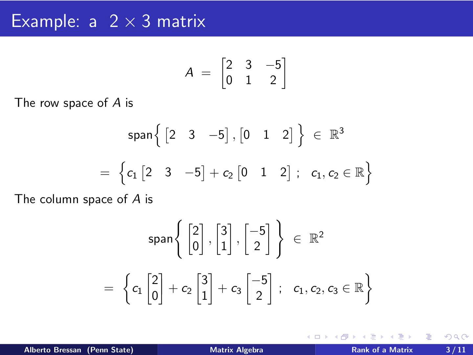And the column space of A is totally similar. We take the 3 column vectors and we form the span of them, and the result will be any vector of length 2 that's a linear combination of these 3. So it will be in R2, and you can also write it in this way with coefficients C1, C2, C3 and a linear combination.